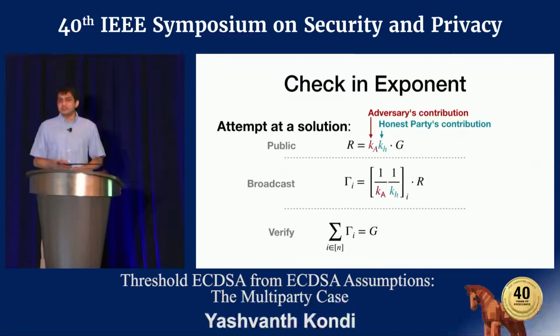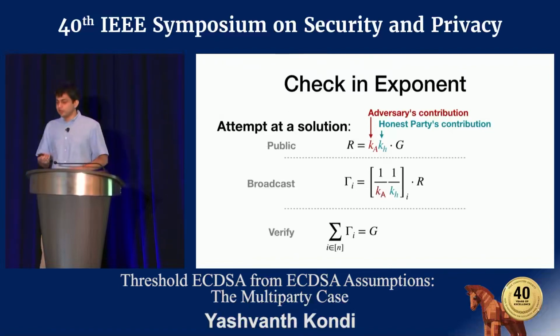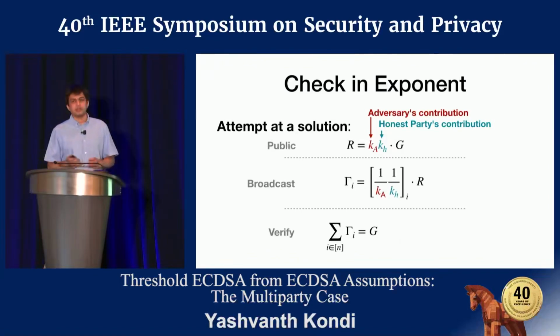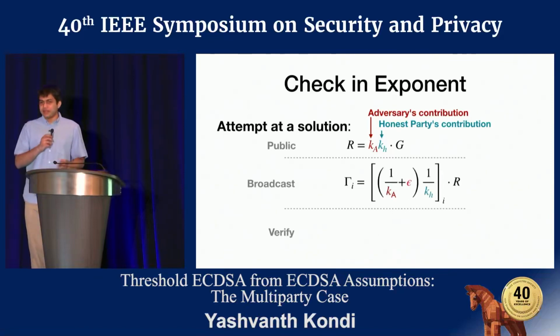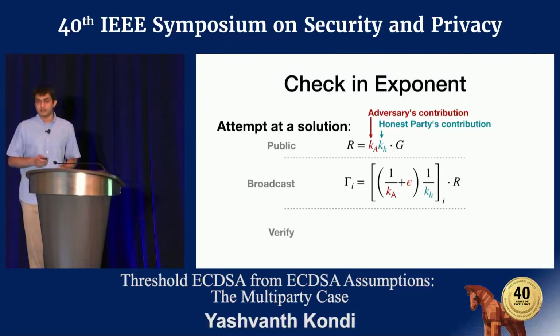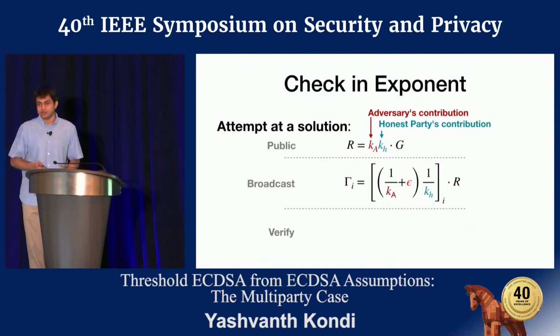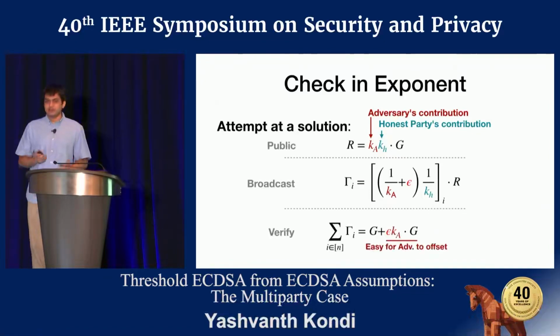Right, so this doesn't work immediately, and to see why, we have to see what's going on under the hood. Splitting up k into its constituent parts, a contribution by an adversary, call that ka, and a contribution by an honest party, call that kh. We can see that if an adversary puts in some annoying cheat value, call it epsilon, into its contribution of 1 over ka, that's a cheat relative to its initial committed value, it induces some offset that's a function of the values that it put into the system itself.